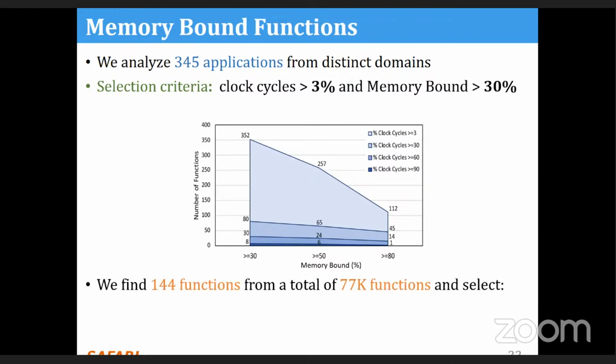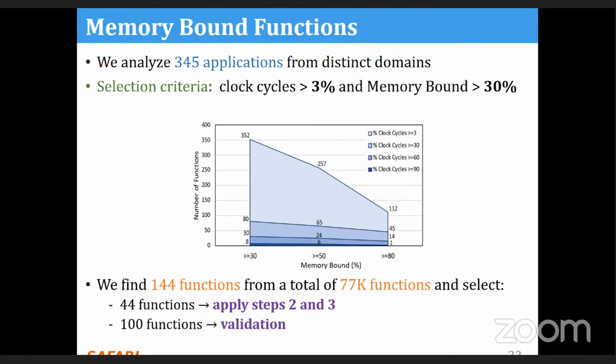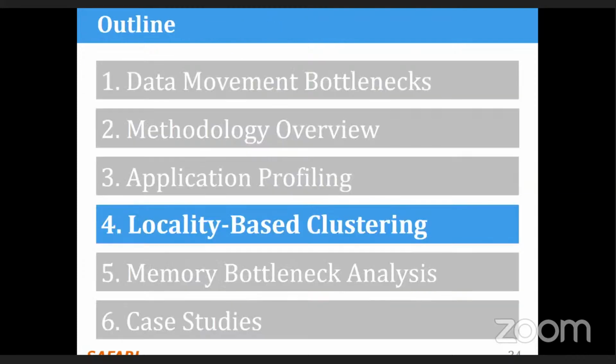In total, we find 144 relevant functions. And what we do is we apply steps 2 and 3 to 44 functions to create and propose our methodology, and then we validate our methodology with the remaining 100 functions.